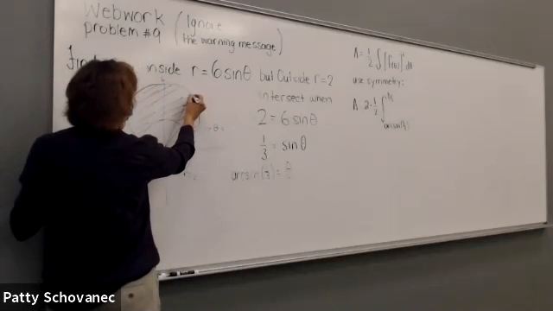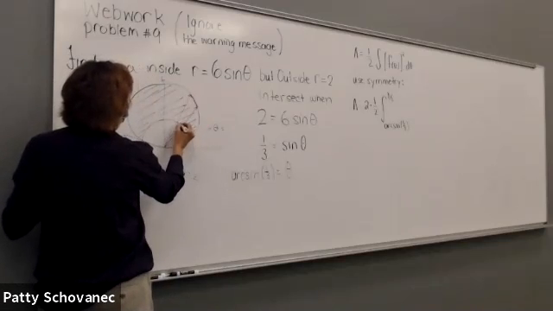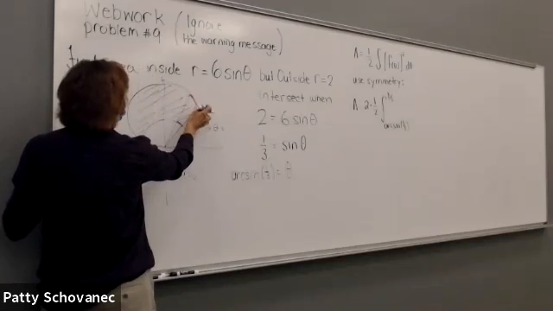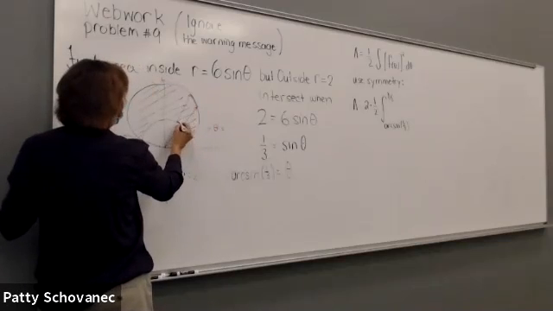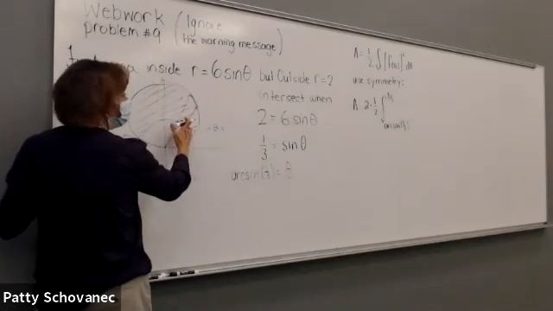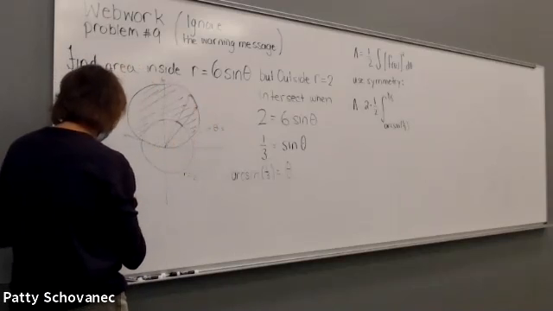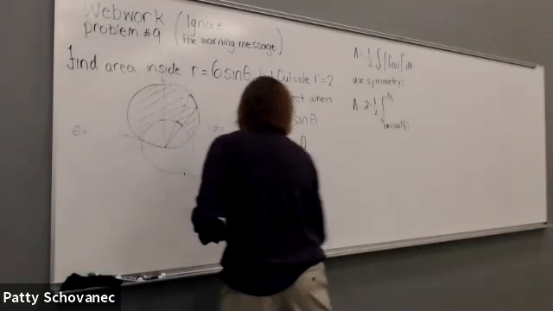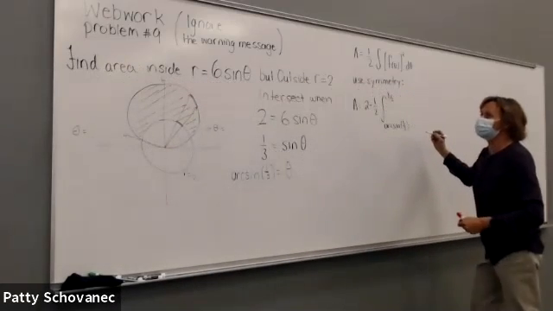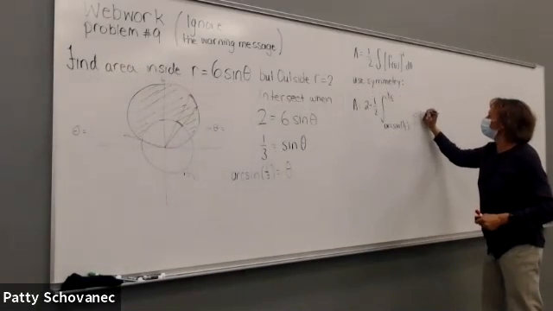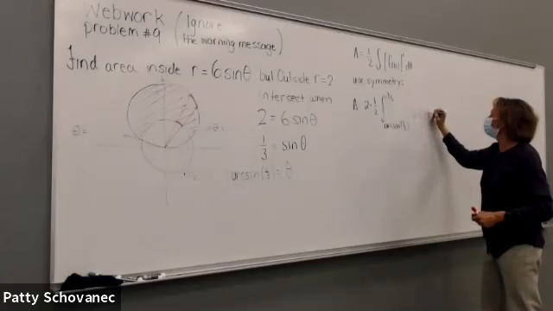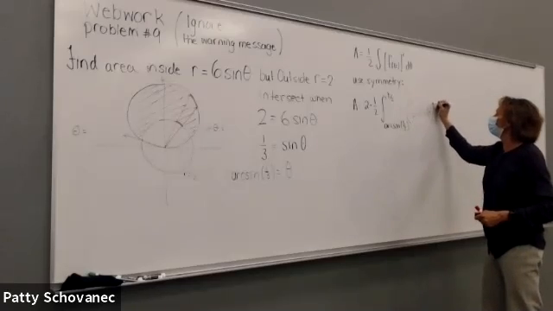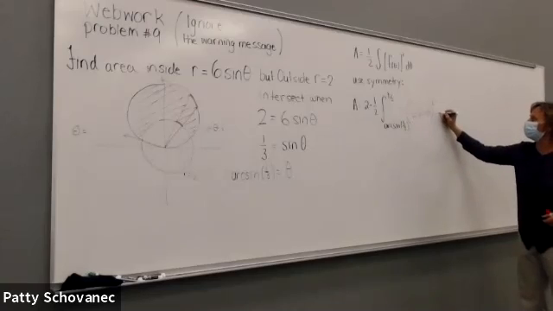And so to find the area of this little circular region here, we'll have to go from here squared minus here squared. Okay? So the outer minus the inner. That gives me this integrand. The outer one is the shifted circle, 6 sine of theta. We square it. And then the inner radius was just the 2 squared.